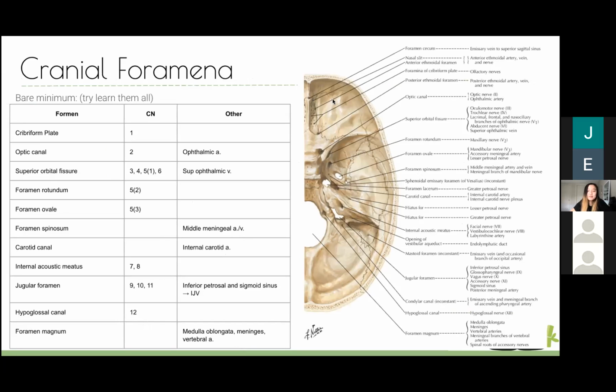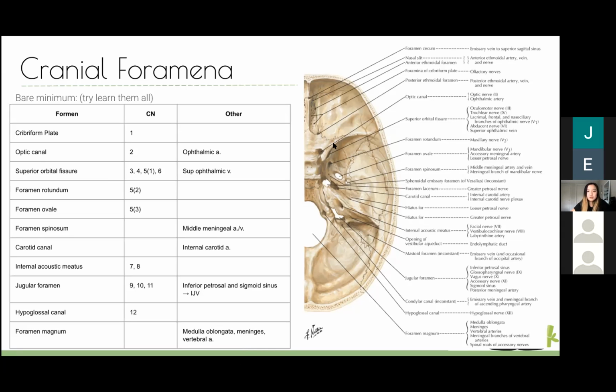The first foramen that you should definitely know is your cribriform plate, part of your ethmoid bone. It's got all these little holes for your first cranial nerve. Okay. And then your second one is your optic canal here. So that's part of your sphenoid. It holds your optic nerve and your ophthalmic artery.